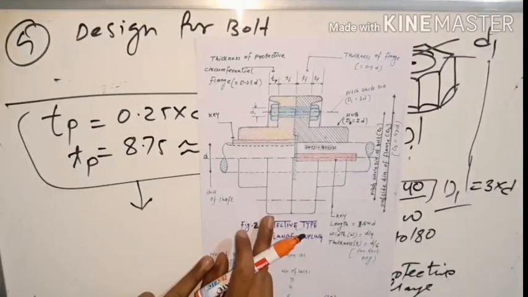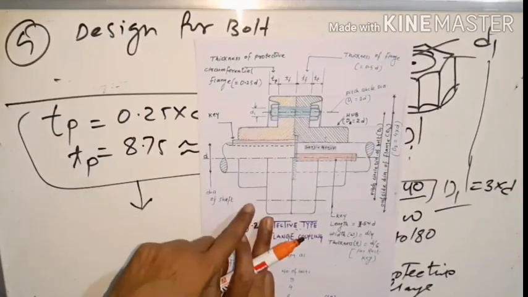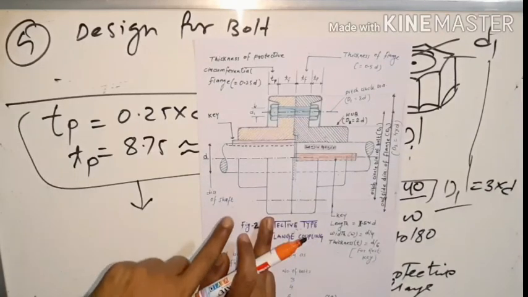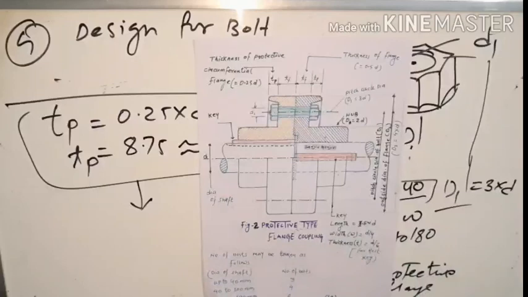Draw the diagram exactly like this, and if you are facing any problem with this drawing, then you can comment to me regarding this, and I'll try to make a video for their assembly. So if you need this, then please comment.